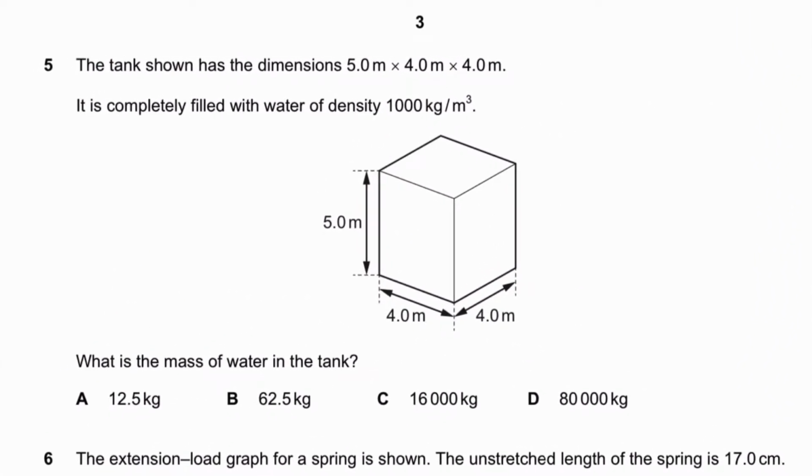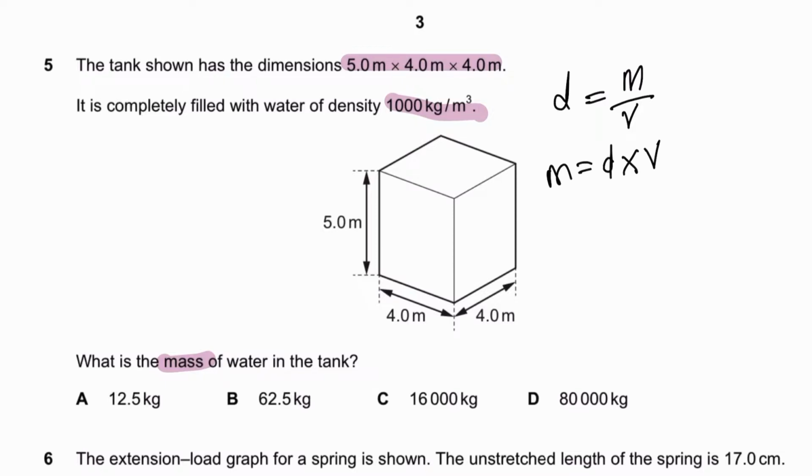5. The tank shown has dimensions 5 meters by 4 meters by 4 meters. It is completely filled with water with a density of 1000 kg per meter cubed. Now we are asked, what is the mass of the water? We all know the formula: density is equal to mass upon volume. So if we're looking for mass, what will our formula be?